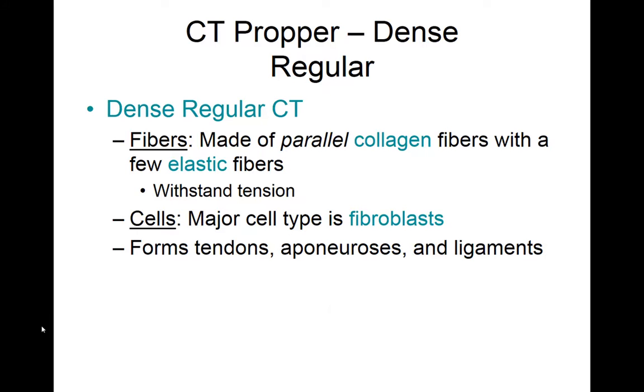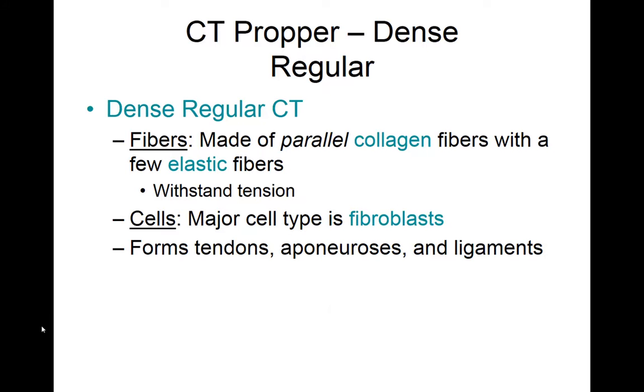So great example, tendons and ligaments. Now, you've got a muscle that has a tendon that's connected to the bone, and when that muscle contracts, it pulls in one direction on that bone. Okay? So it can withstand a lot of tension and a lot of force in that one direction.